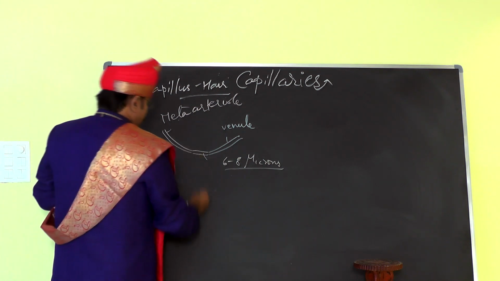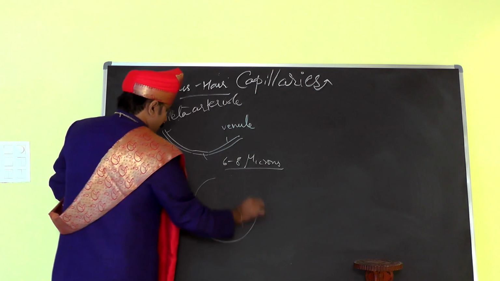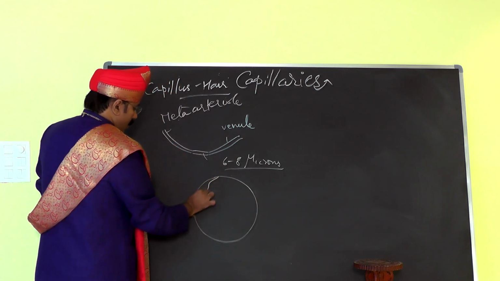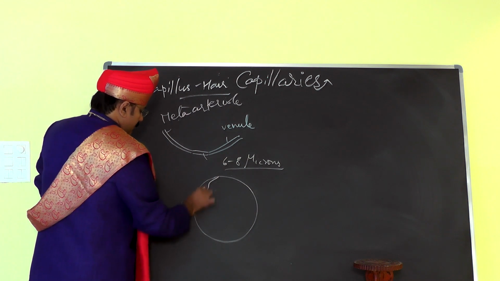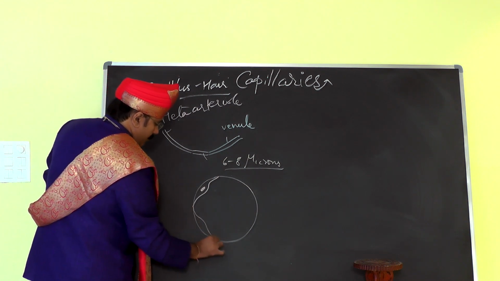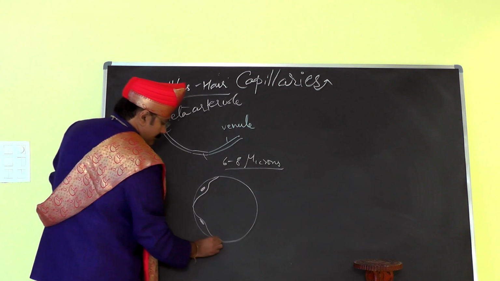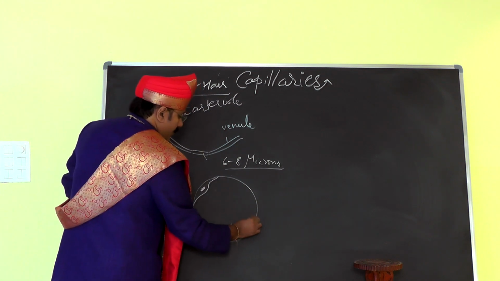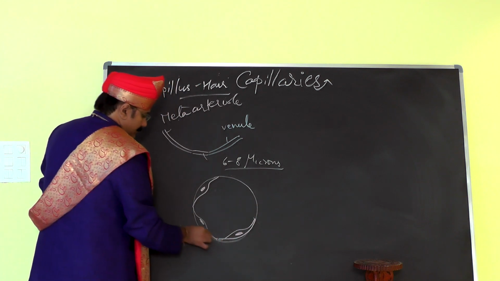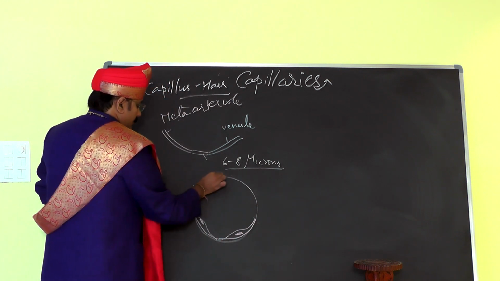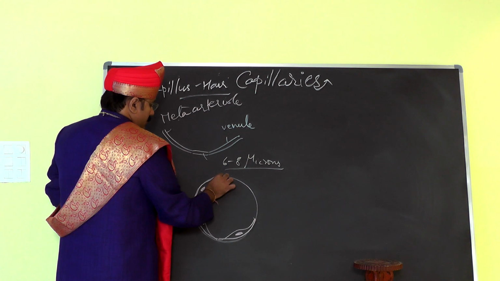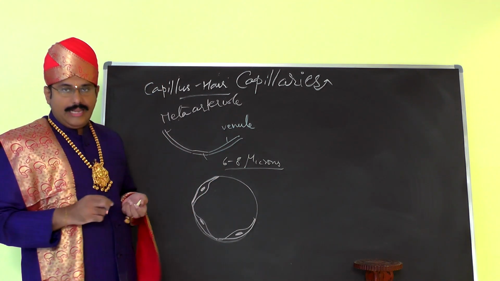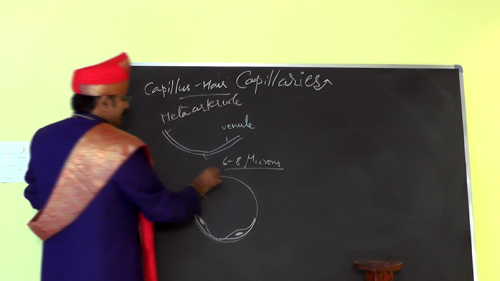Now if you see, these are rounded, and here you have the endothelium. We are trying to draw the endothelial cells.